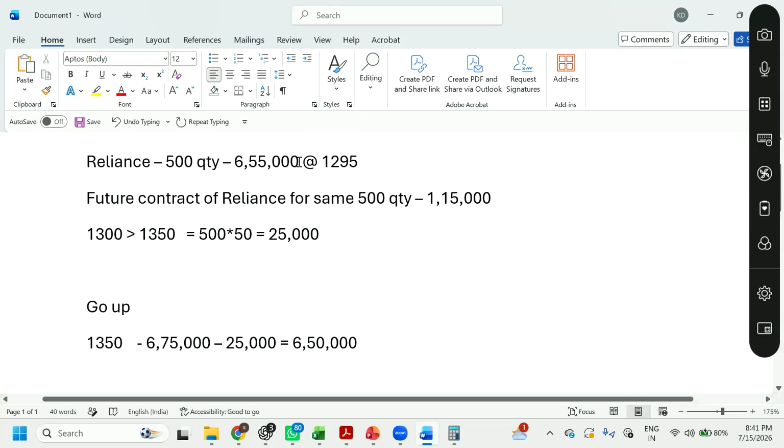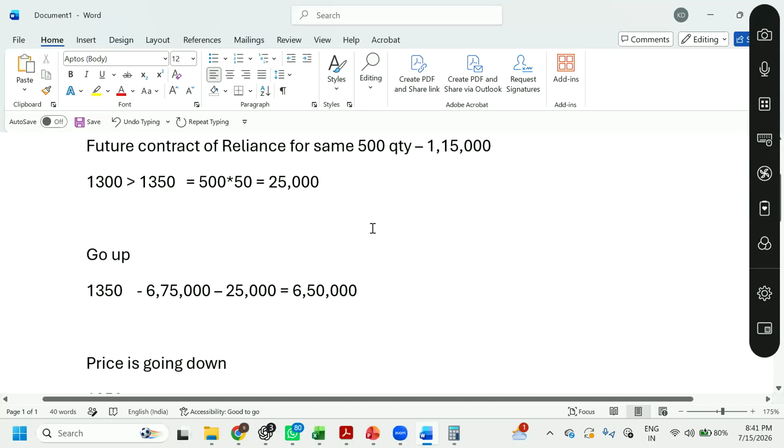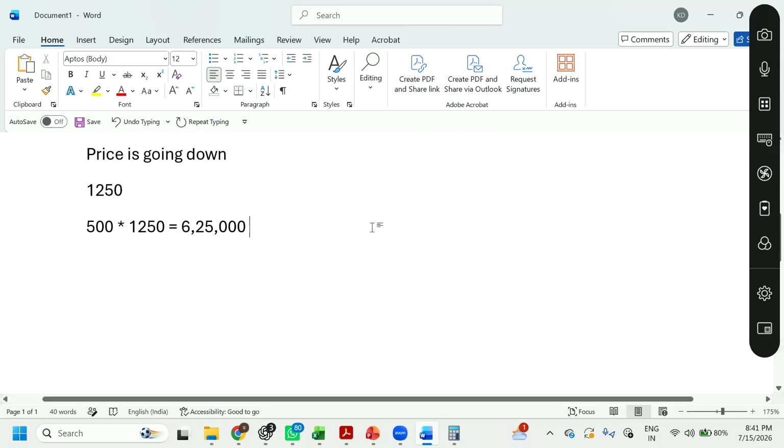But in July I would have had to put in 6,55,000, and now I'm getting it at a lesser price, buying it at 6,25,000. But there is a negative thing here, right? The position that I have taken in my futures is long, but it did not go long. Instead, it went short, right?